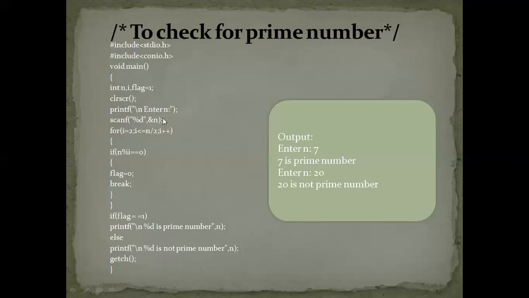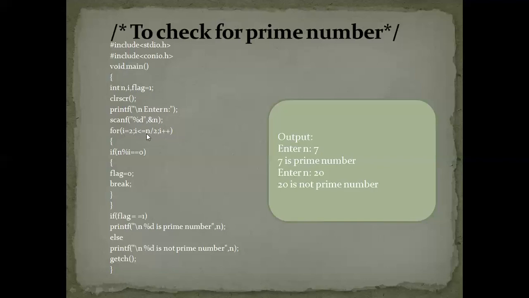Enter n. I'm going to enter the number. Suppose I have entered the number 7. So I am reading the number 7. This for loop is for checking. Here I value is initially 2, I less than or equal to n by 2, then I plus plus.